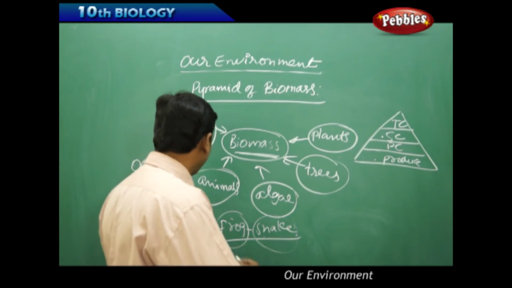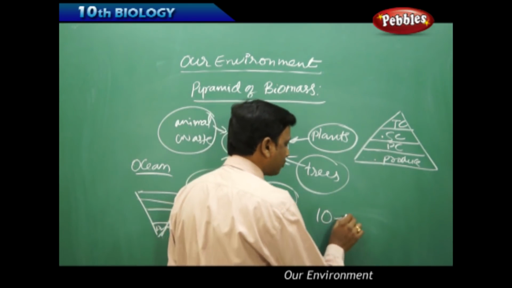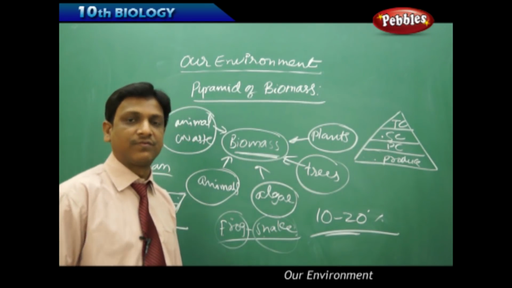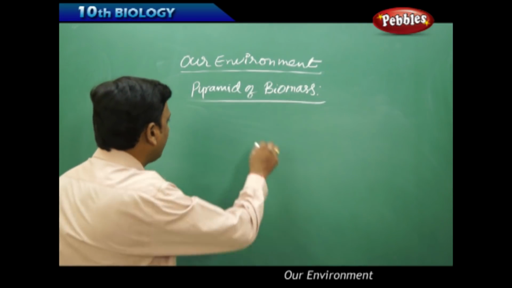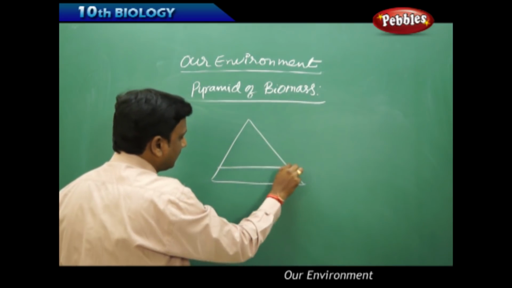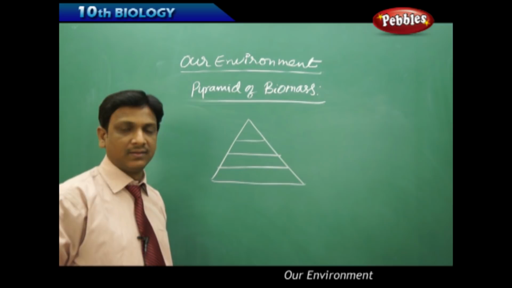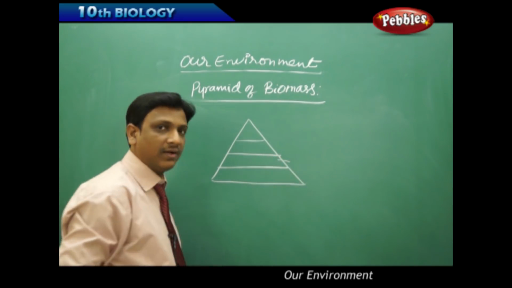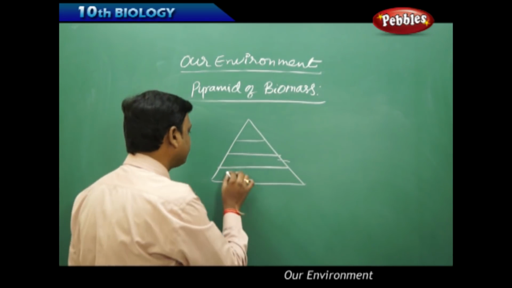In general, when we see the percentage of biomass transferred from one trophic level to another trophic level, it is 10 to 20% of biomass. So if you observe the food relations in a pyramid of biomass, at each level, the organisms in a particular level have less body mass compared to their below level.